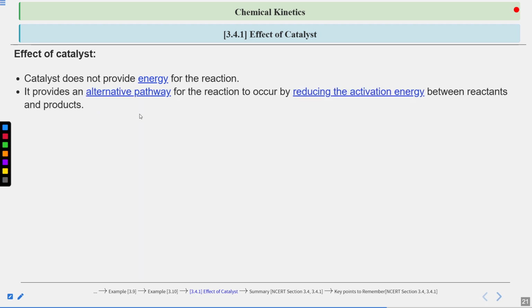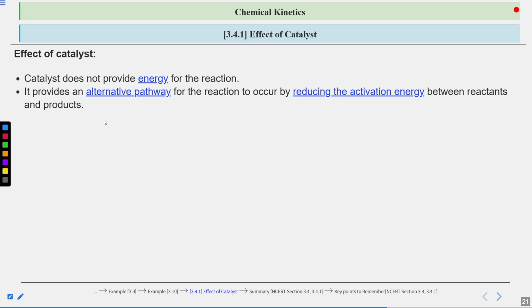It provides an alternative pathway for the reaction to occur by reducing the activation energy between reactants and products. So a catalyst works by providing the reaction an alternate pathway with reduced activation energy, to increase the rate of a reaction.